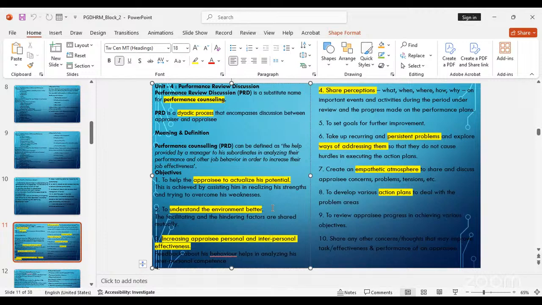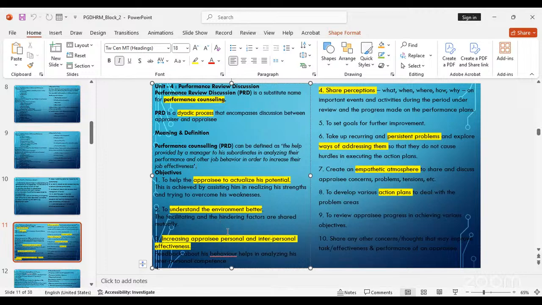It will help the appraisee to utilize his potential to the maximum extent and understand the work culture, the environment, in a better way. This will help identify the hindering factors, and they can work on those factors to deliver better performance. It also helps in increasing the appraisee's personal and interpersonal effectiveness.